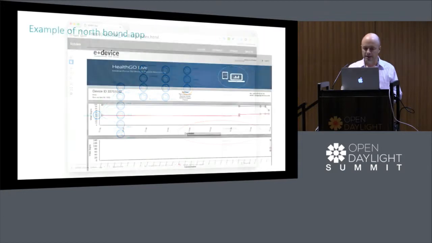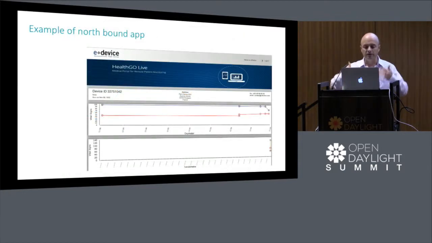All right. So now, once you have collected the data in a place that makes sense for the IoT solution, on top of it, you build applications. This is an example of a company that has oneM2M gateways, and they do patient remote monitoring.